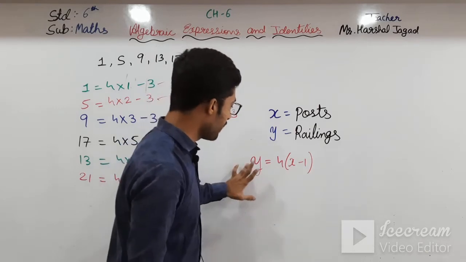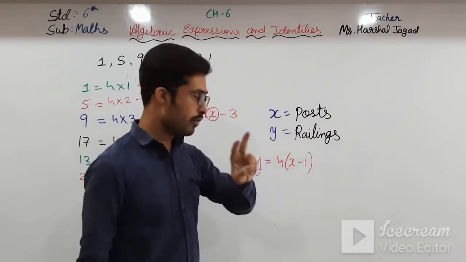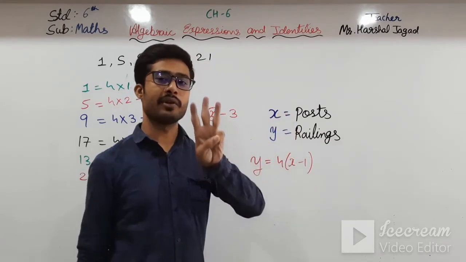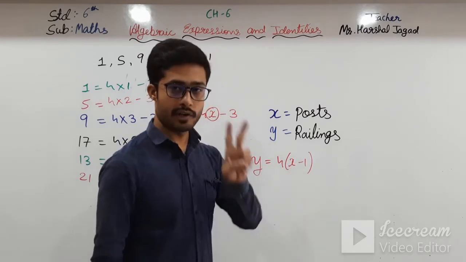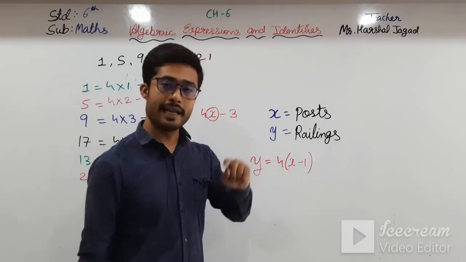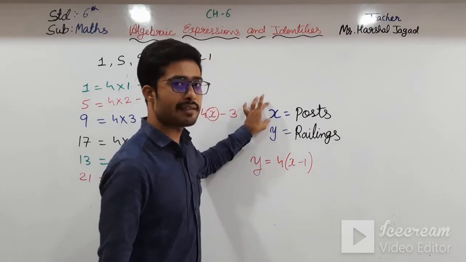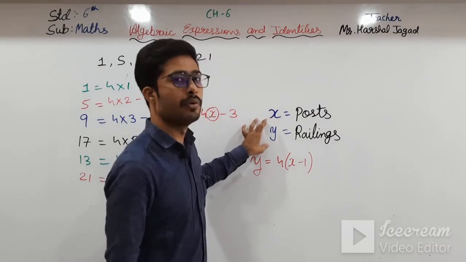Okay students, so when x is equal to 2, then y is equal to 4. Then taking x is equal to 3, 3 minus 1, 2. 4 2s are 8. Okay students, y is equal to 8. When we take 3 posts, then we get 8 railings.